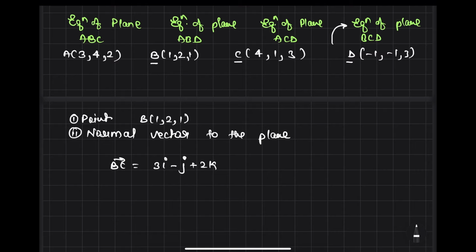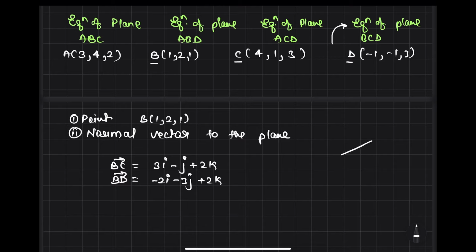Now can you find the BD vector? It is D minus B, so it is minus 2i minus 3j plus 2k. So you got the BC and BD vectors, and these are in the plane.